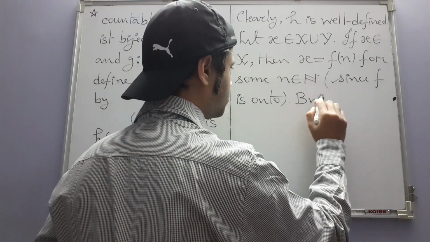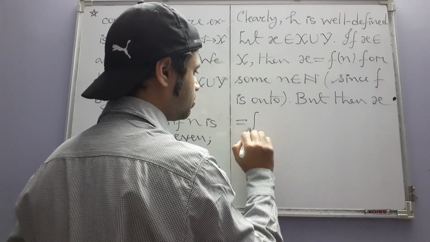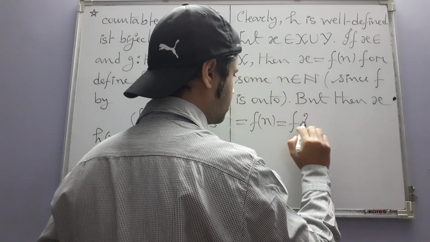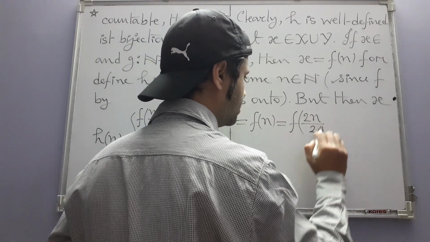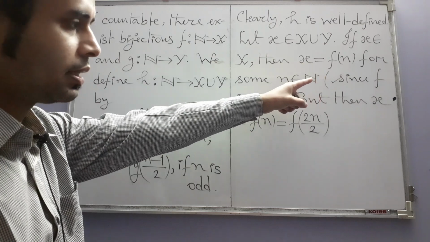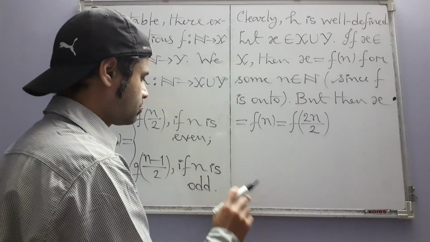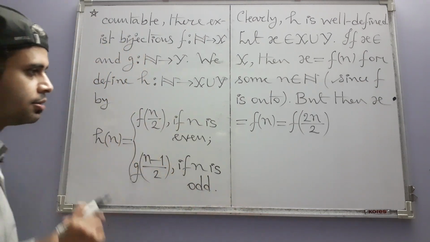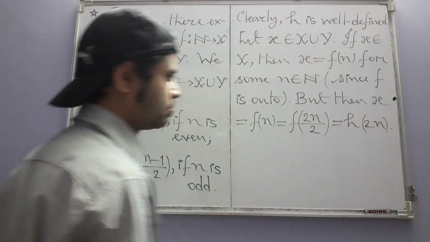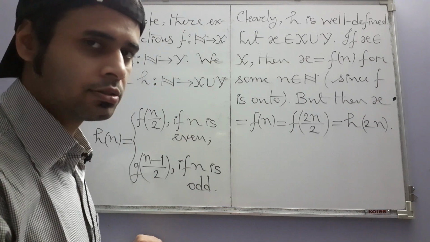But then x is equal to f of n, which can also be written as f of 2n divided by 2. Now note that because n is a natural number, that means a non-negative integer, 2n is an even natural number. So that is why from the definition of h, this is h of 2n. So we have realized x as an h image where the input is 2n.